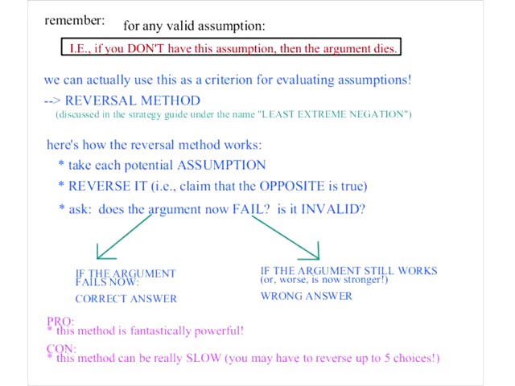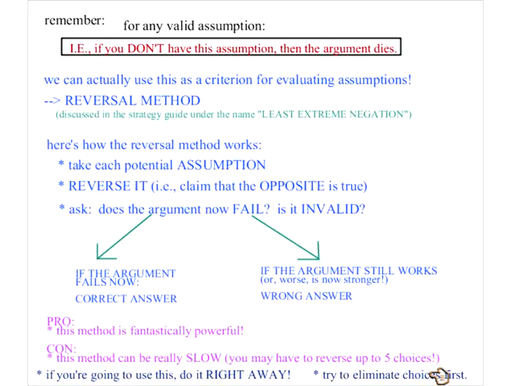So there are 2 things you've got to get out of this. The first thing is, if you're going to do this, do it right away. And the other thing is, try to eliminate choices first, because applying the reversal method to 5 separate choices is going to take you a while. So if there are some choices that clearly have nothing to do with what we're talking about, then eliminate those first.